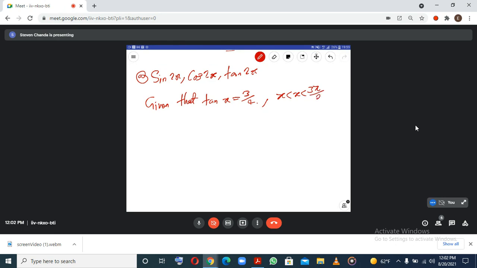From this you should be able to tell what quadrant you are looking at and how that is going to affect your values. So that's pretty much about identities.